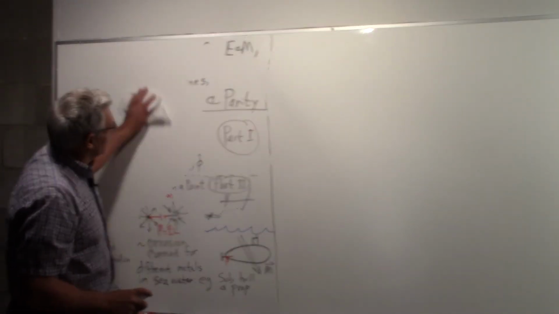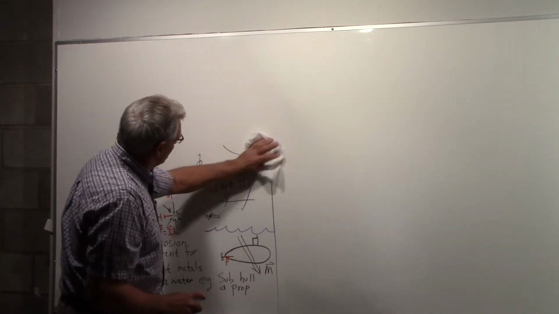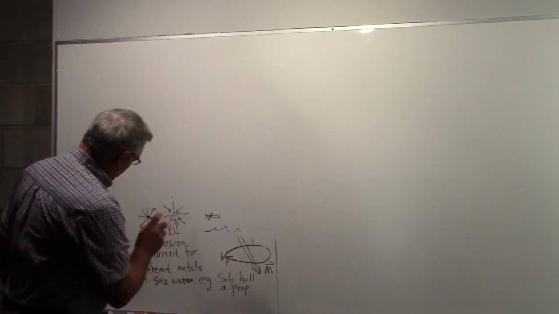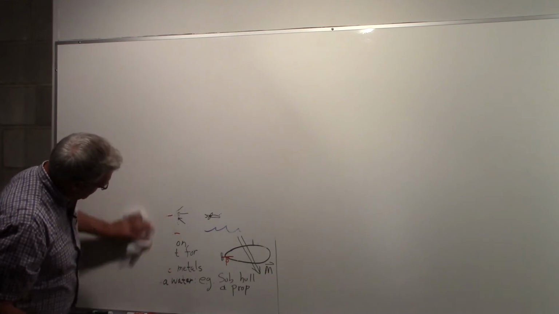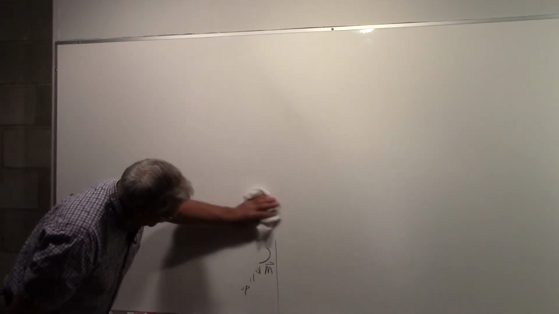It surprised a lot of people, made some people happy, made others not so happy, because now we seem to have a violation of what seemed to be an expected process, conservation of parity.